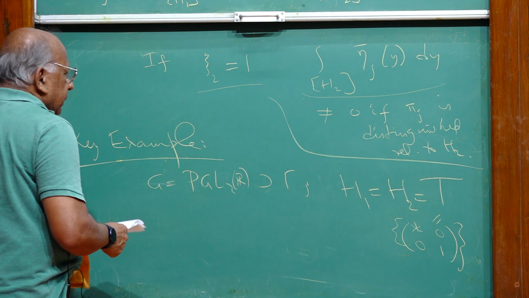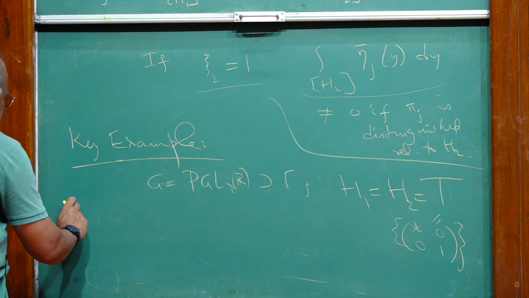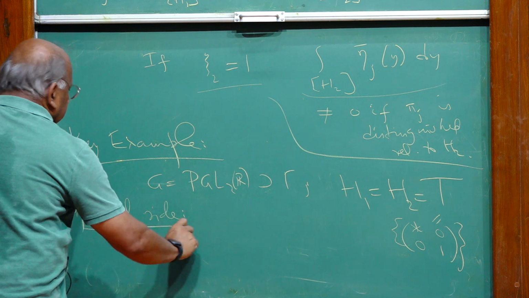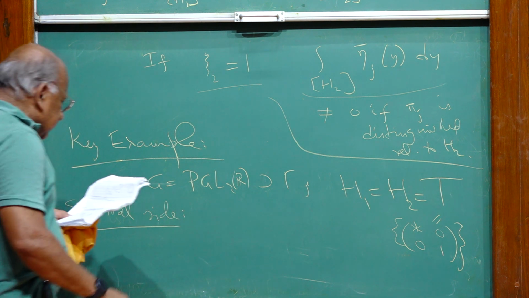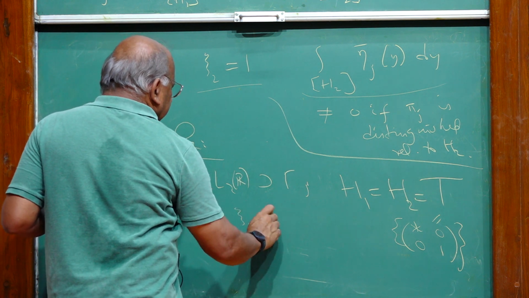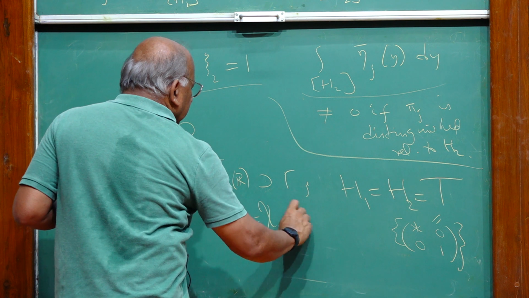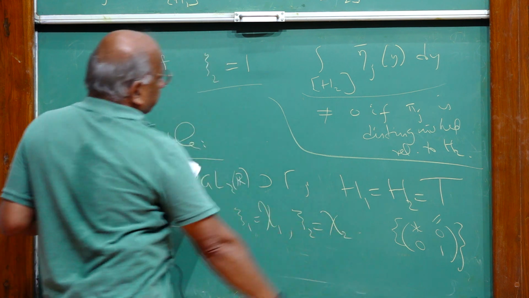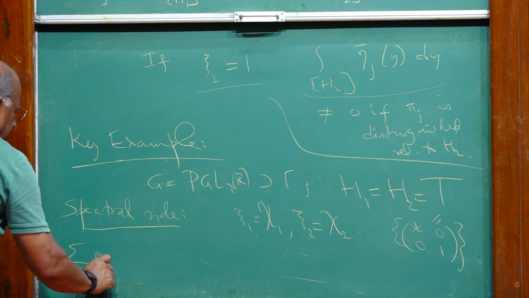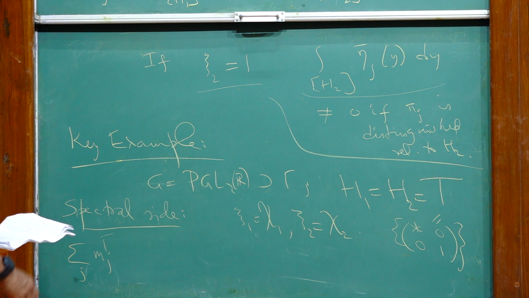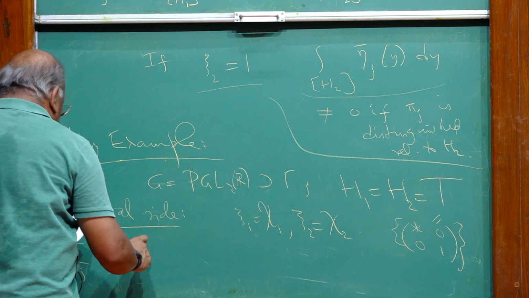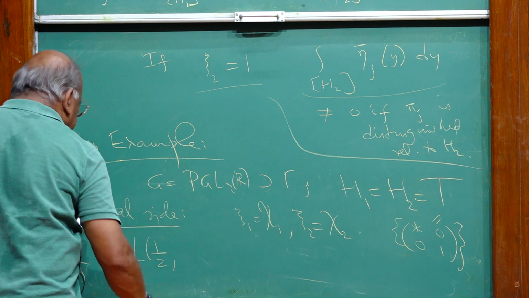Then what happens is that in this case, the spectral side becomes, if you look at this case, and let's say also these functions C1 and C2, we'll write them as characters, chi1, chi2. Then what you get is the sum of mj gamma, and now we take essentially L1 half.